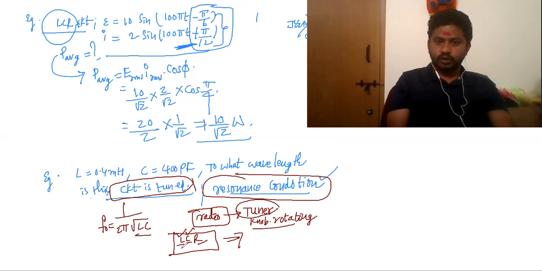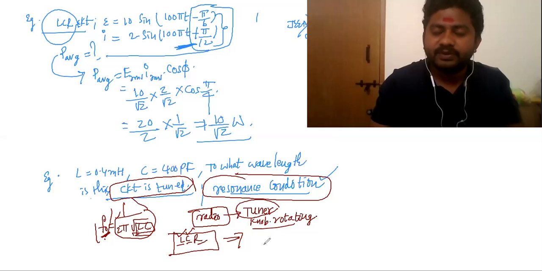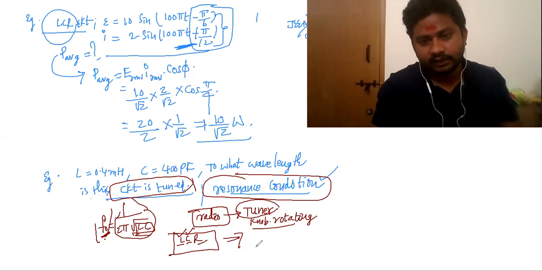When L and C values keep on changing, at some particular time, this complete right hand side equation is equal to f naught. For example, the resonance frequency is different for different channels, right?